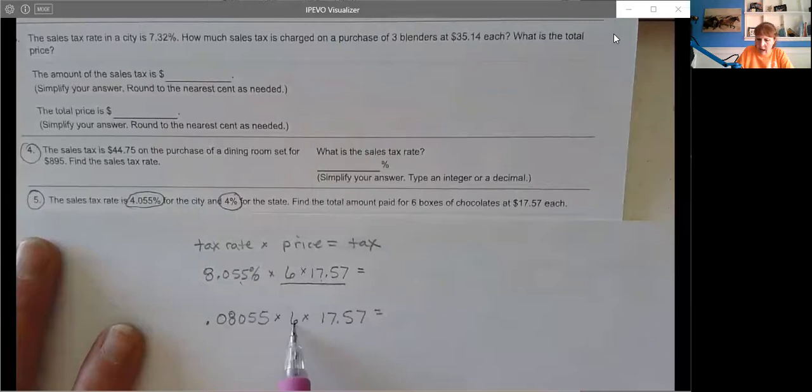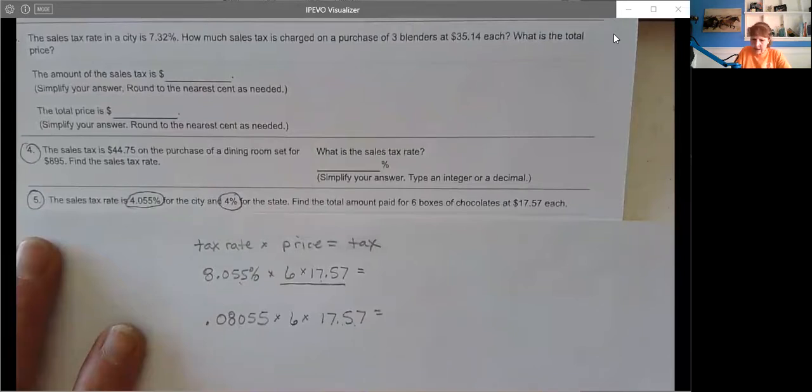Now, before I multiplied these together and then times this, you can, just for time's sake, take this times this times this. All right. And that will give you the tax. Times 6 times 17 point.